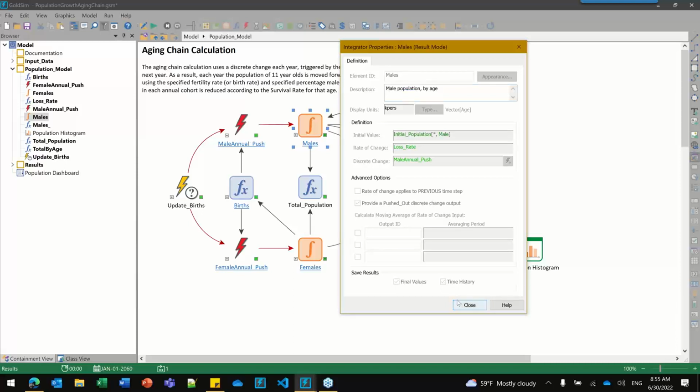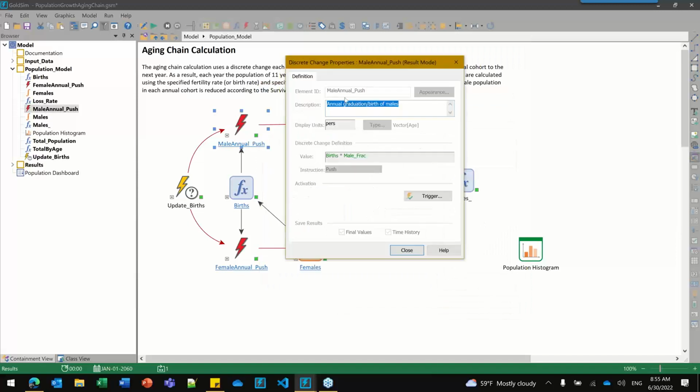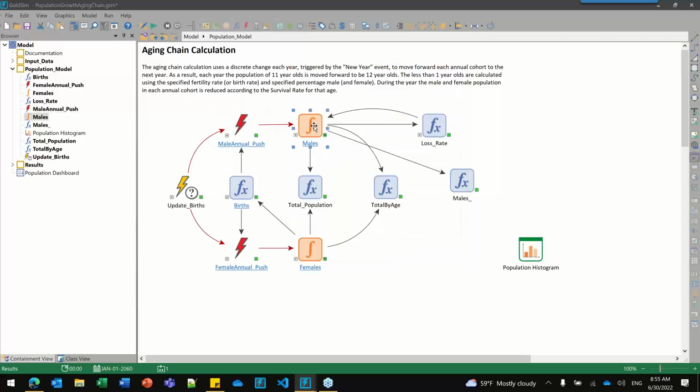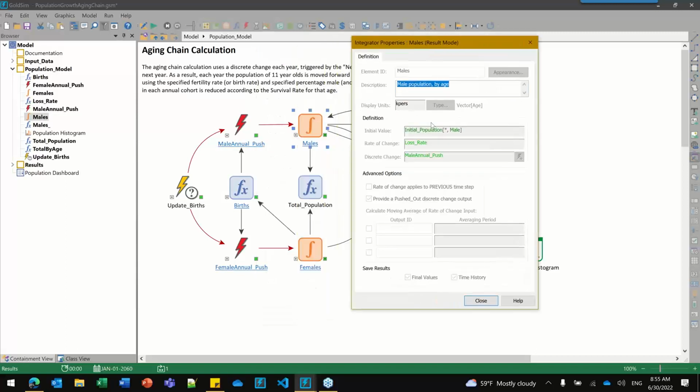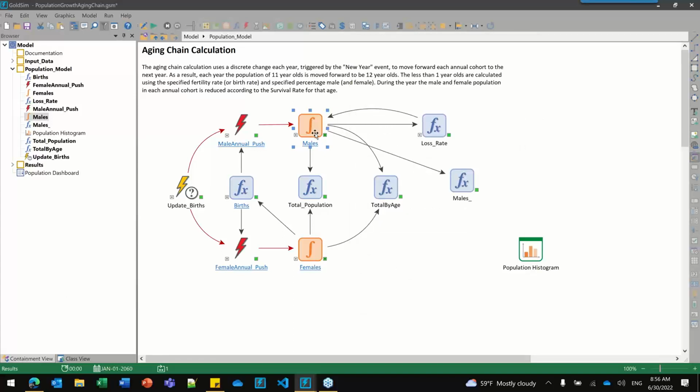When you define a discrete change as a push type, all it does is it pushes this amount into the first row of this vector in this element. It pushes it into the first row, and then subsequent rows get pushed into the next row down until it finally comes out the other end. So you've essentially just collapsed all of those integrators into one vector.